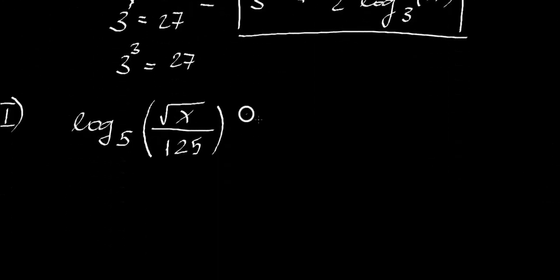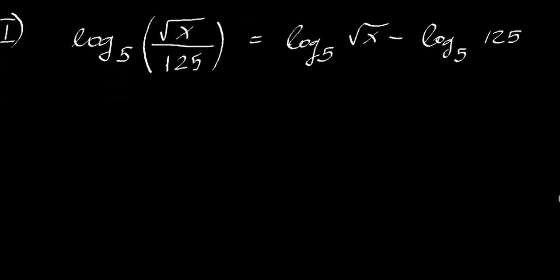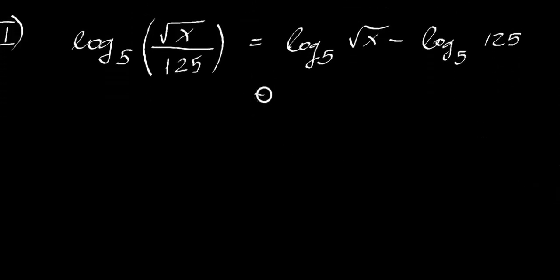So this is the same thing as taking the log base 5 of root x, one of the pieces, subtracting log base 5 of 125. Okay, there's a number of things we can do, we need to do actually, but I'm going to stick with this one for now. I'll analyze this piece in a minute. I'm just going to copy it.